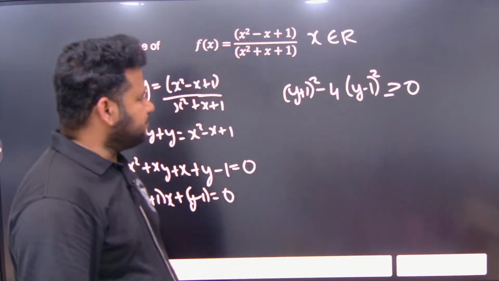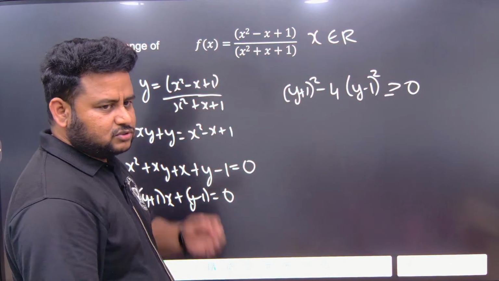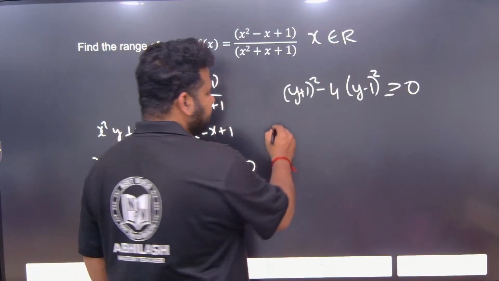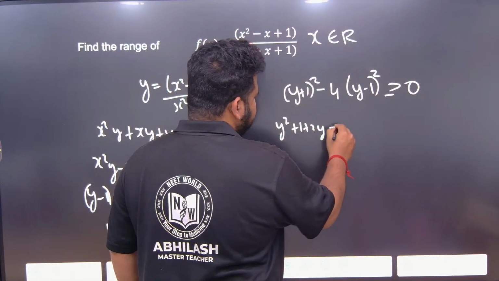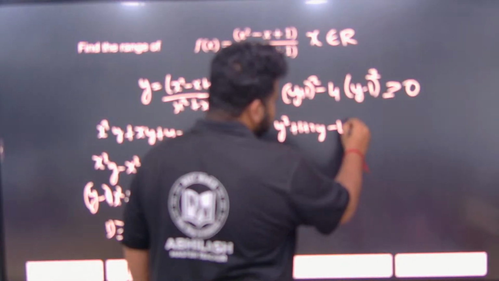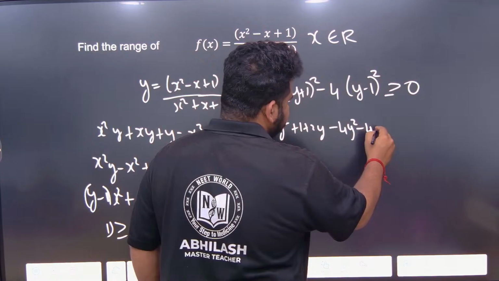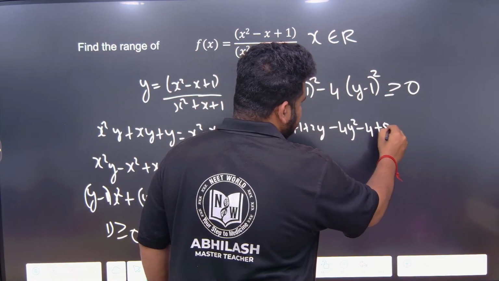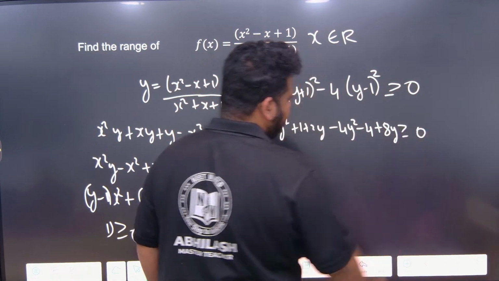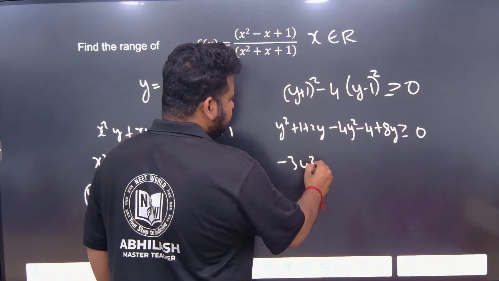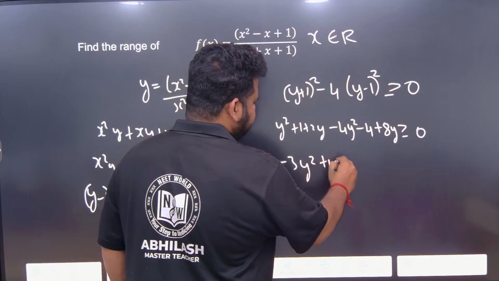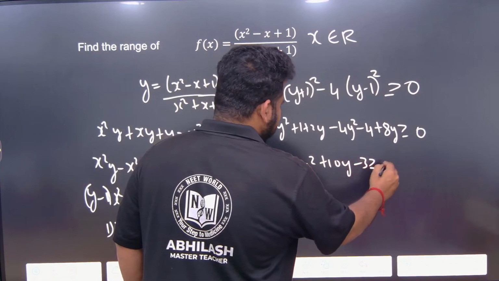If we simplify this, y square plus 1 plus 2y minus 4y square minus 4 plus 8y is greater than or equal to 0. That gives minus 3y square plus 10y minus 3 is greater than or equal to 0.